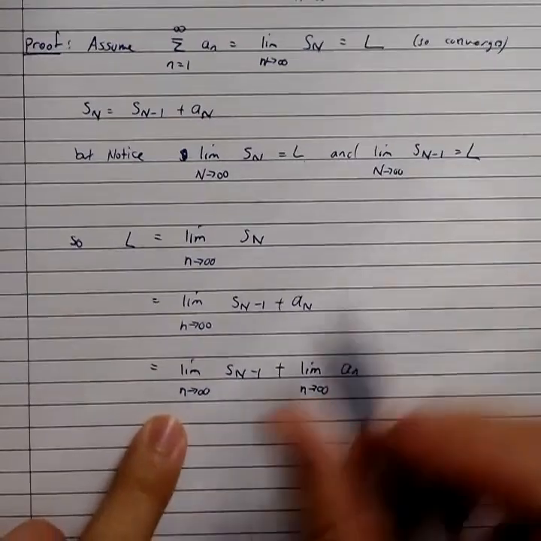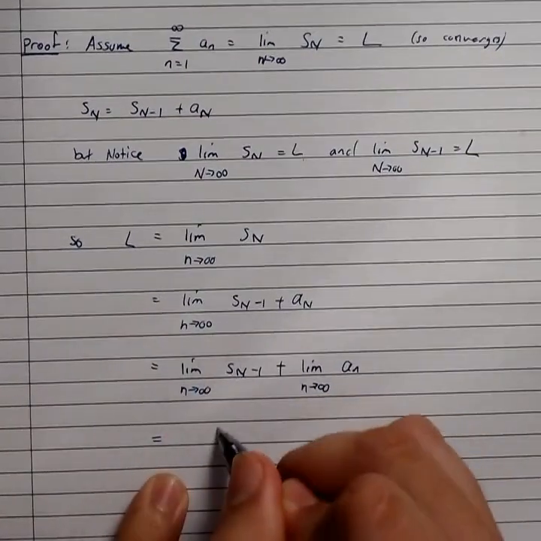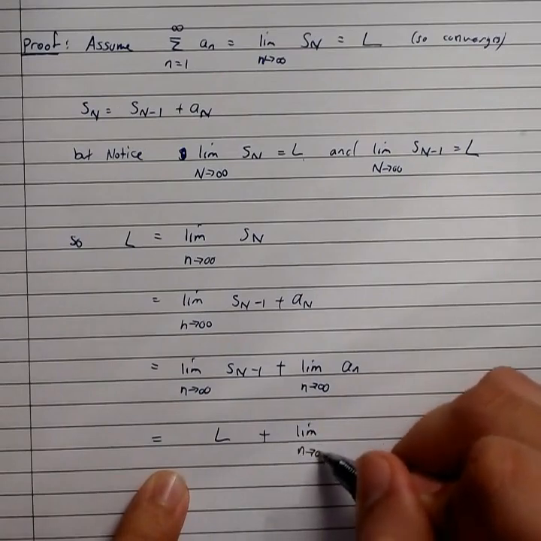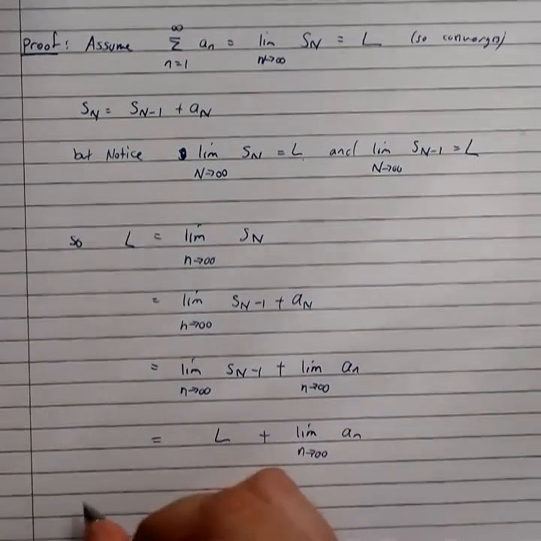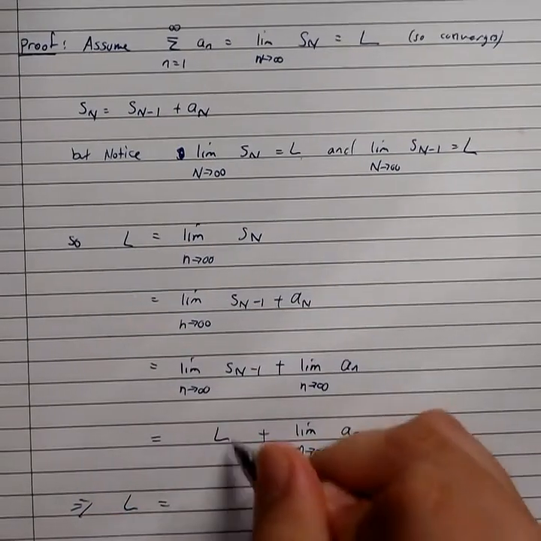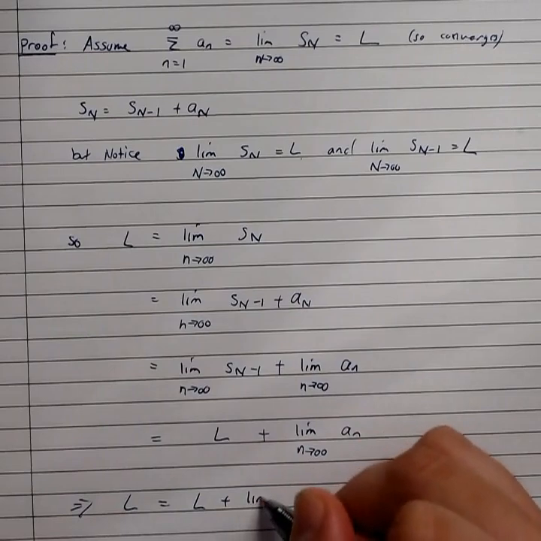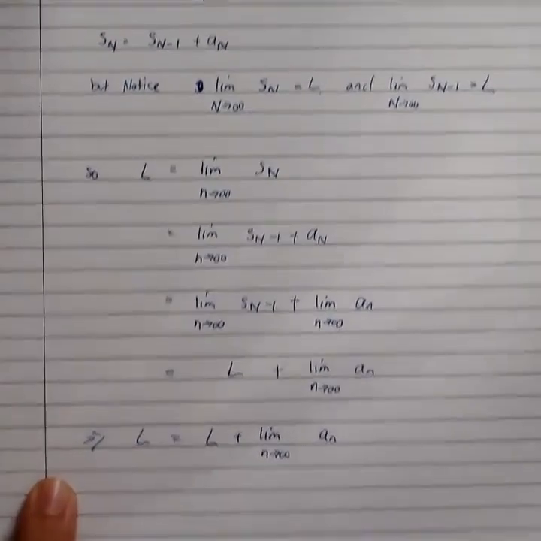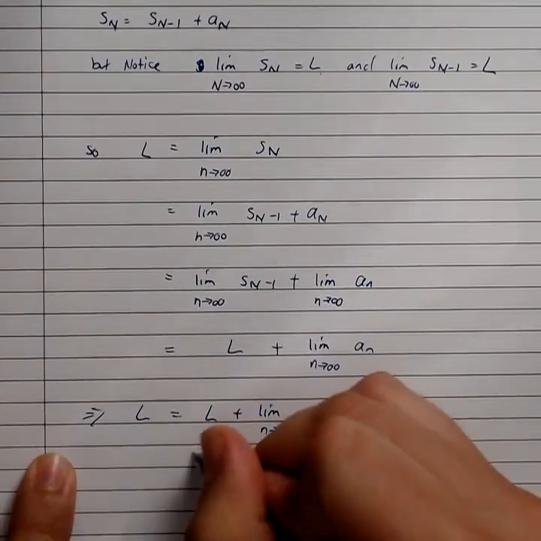But we said just a moment ago, that one's equal to L. This one right here is equal to L. Okay. So then that implies that this very first L is equal to this L plus the limit as n approaches infinity of a sub n. So I can subtract L from both sides.